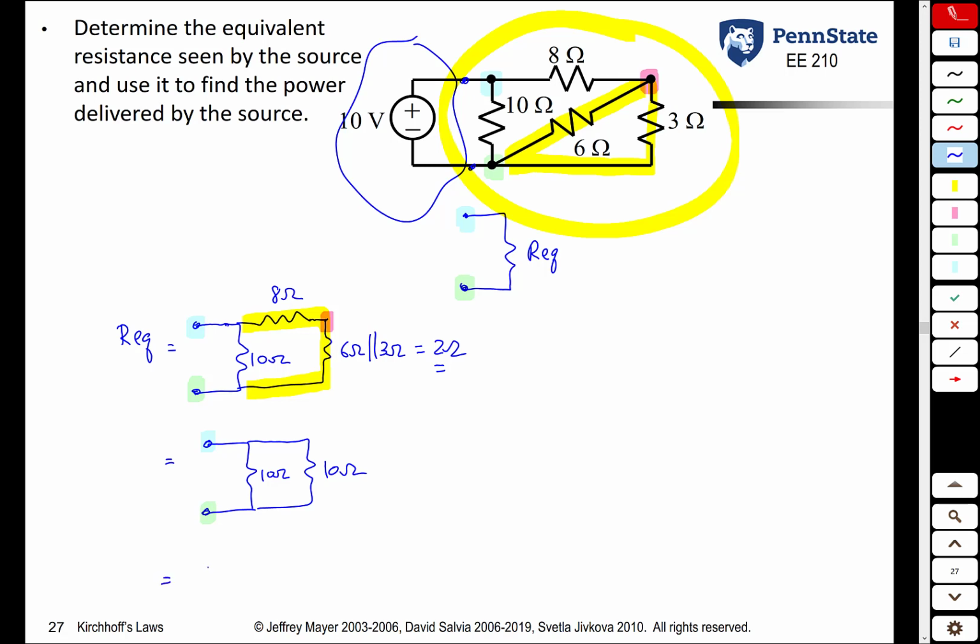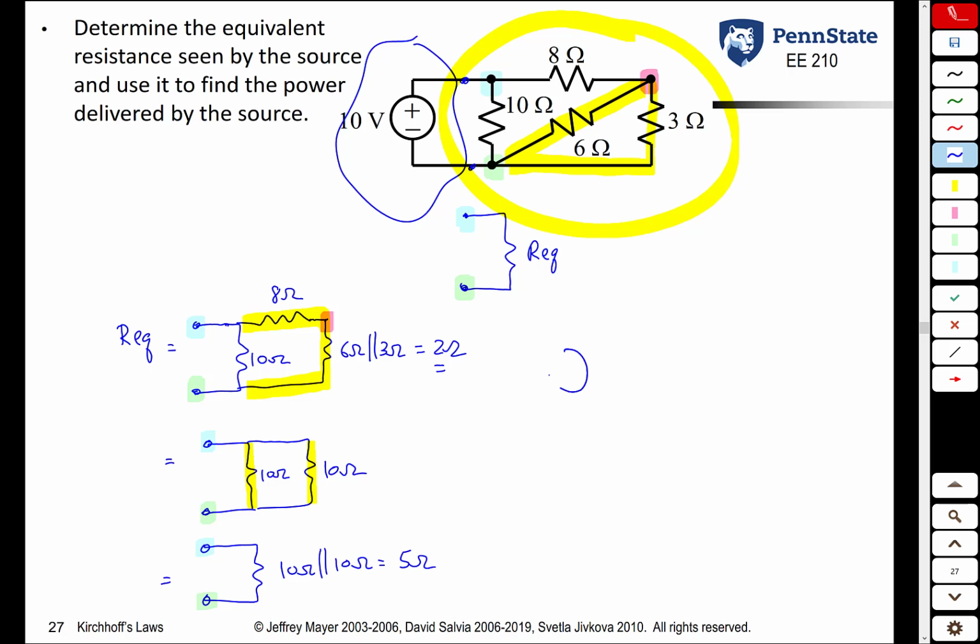We can now go one step further because now this 10 ohm resistor that we just created is in parallel with this original 10 ohm resistor. So we now get 10 in parallel with 10. R in parallel with R is R over 2. So this becomes 10 in parallel with 10, or 5 ohm resistors.